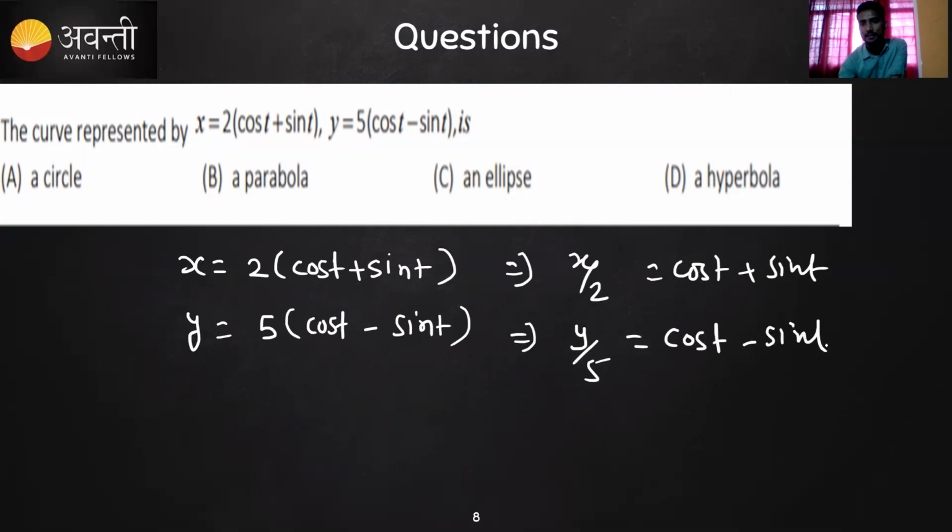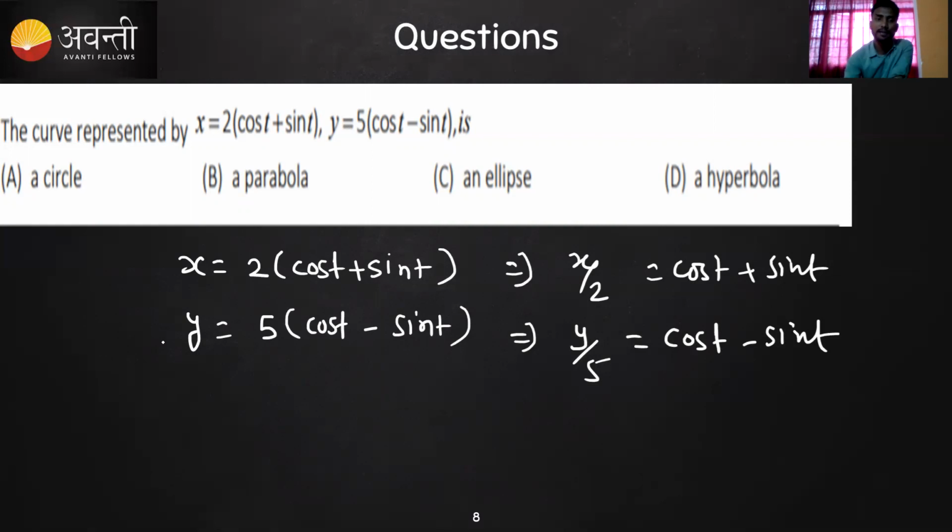So from here you can see, if we take the square on both sides, it will be cos square t plus sin square t plus 2 cos t sin t. And so from here you can get an idea. So x by 2 the whole square is cos square t plus sin square t plus 2 cos t sin t.